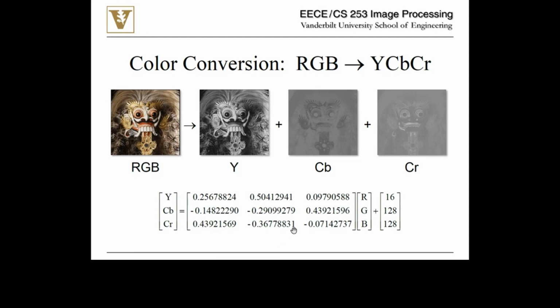You multiply by this matrix, and it is a fixed matrix, which is good, because you don't have to compute cosines or sines like we were doing with the decomposition before. So it is good that it has fixed numbers. So this is a relatively fast calculation. And then you add something to the final result. And this is our decomposition into chrominance and luminance.